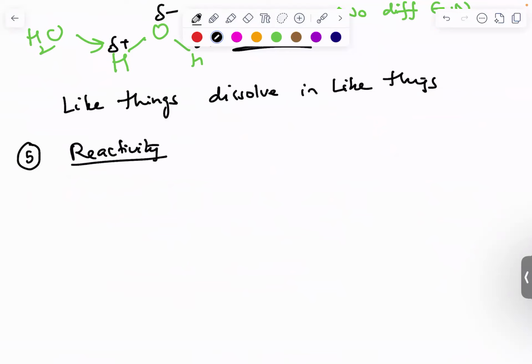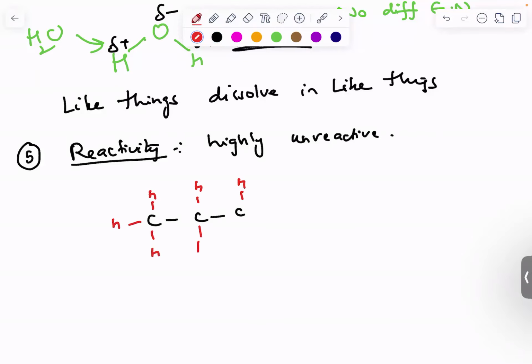All right, fine. Now, the last point, that is reactivity. Alkanes are highly unreactive. Why are they highly unreactive? Because of the strong, let me write this. Now, sigma and pi bonds are not in your syllabus, otherwise I would have told you why they are highly unreactive.